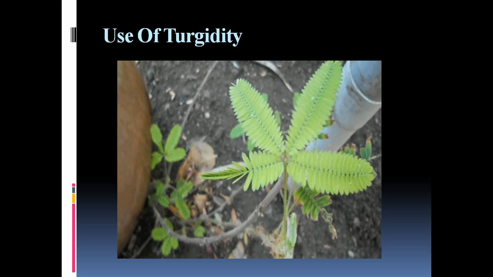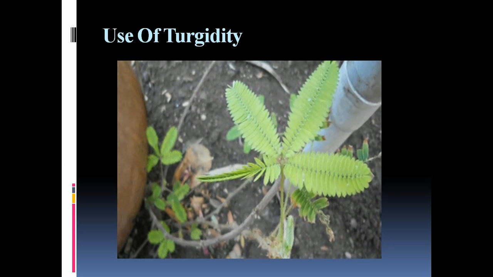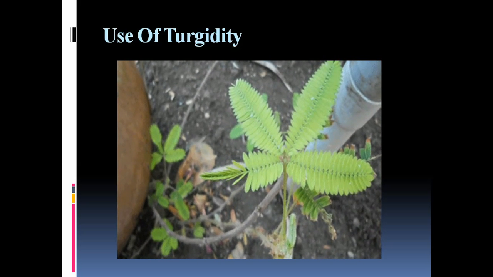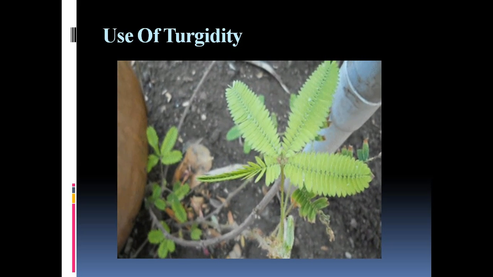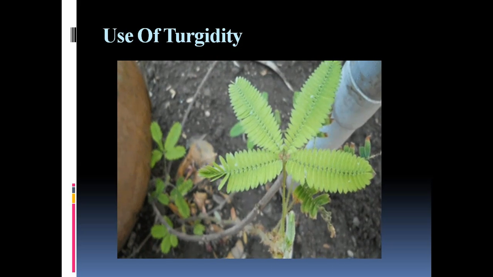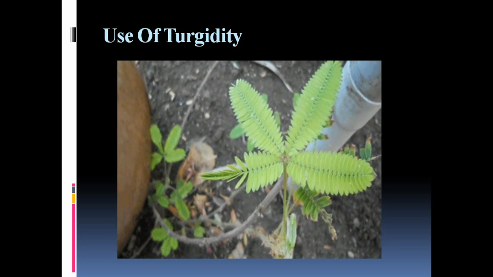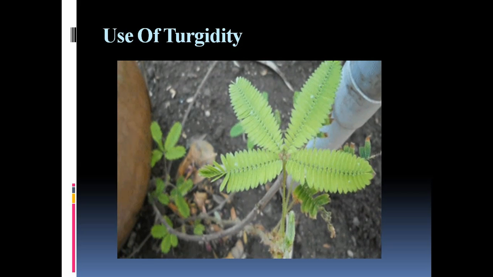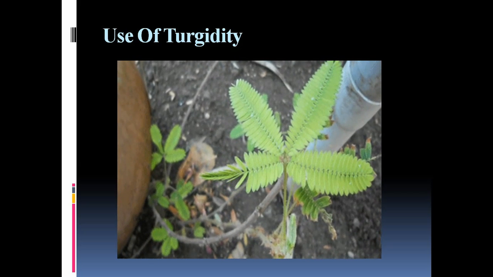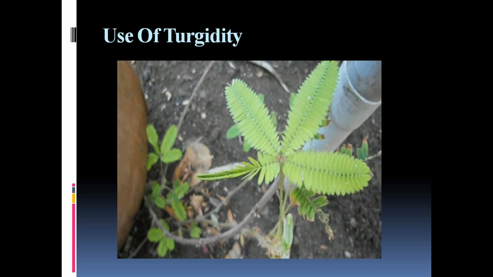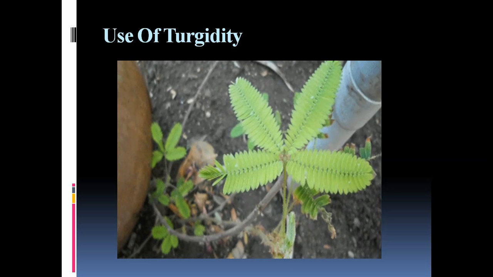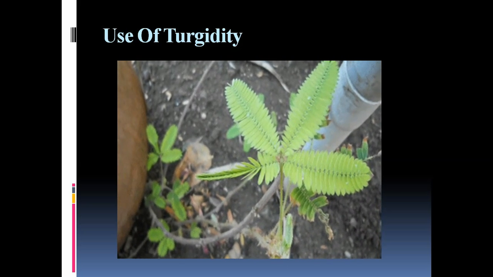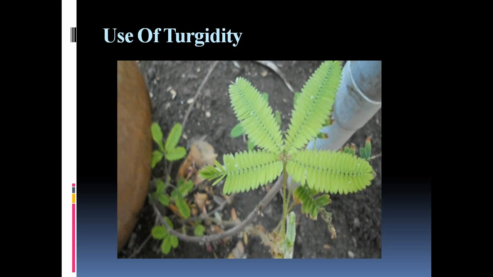It is because of the stimulus of touch, which leads to loss of turgidity at the base of the leaflets as well as at the base of the petioles, which we call pulvinus in the touch-me-not plant. If the leaf is touched anyhow, the wave of folding and drooping spreads from the stimulated leaf to all neighboring leaves.